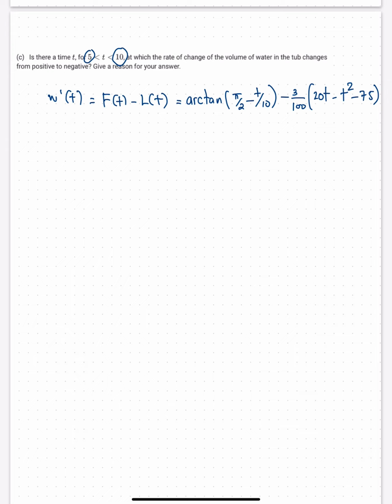And what is the intermediate value theorem? It says that if f of a is less than c less than f of b, then there is at least one t belonging to a, b such that f of t equals c.